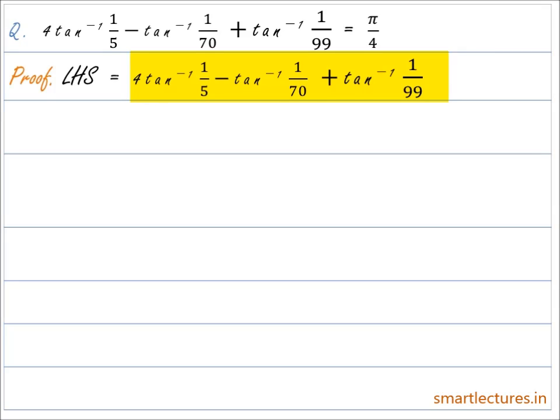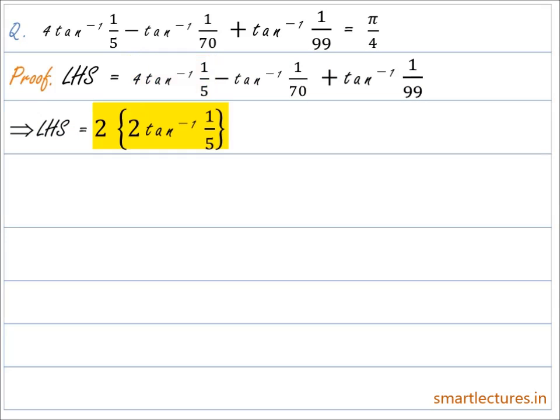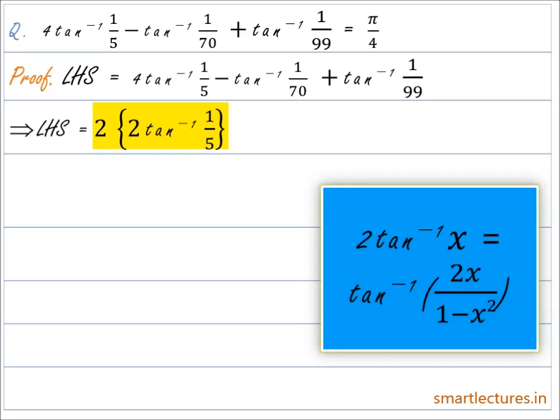Now 4 tan inverse 1 upon 5 can also be written as 2 into 2 tan inverse 1 upon 5. And we have already learned that 2 tan inverse x is equal to tan inverse 2x upon 1 minus x square, where modulus of x is less than 1, and 1 upon 5 is less than 1.